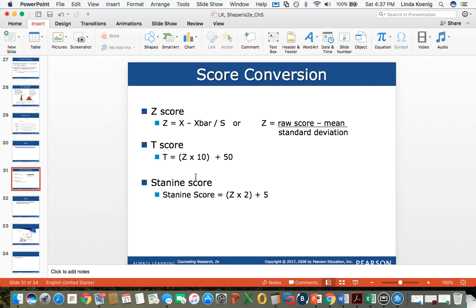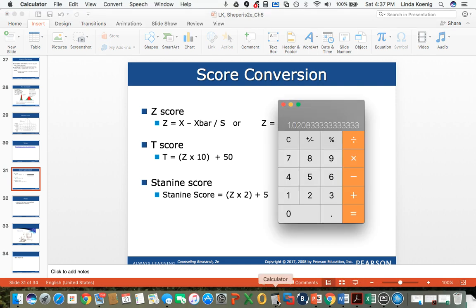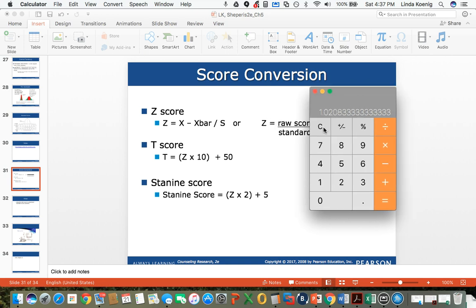Okay, I'm going to flip back over here for just a second, and we want to look at the t-score. The t-score is the z-score, which was 1.03, times 10, plus 50.